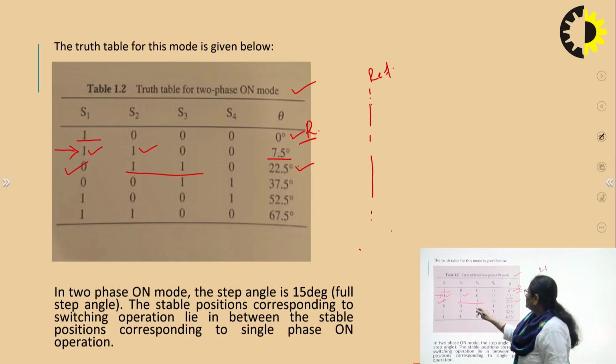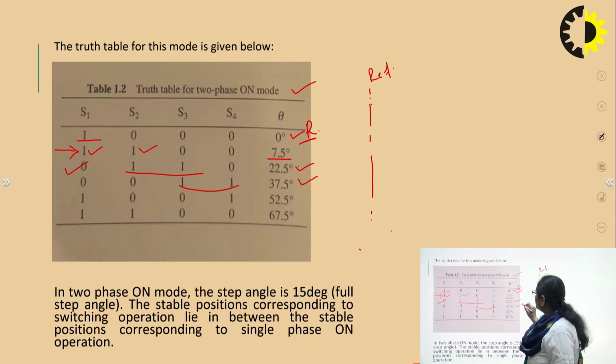The further switching sequence change will cause the rotor to assume a position at 37.5 degree, moving by an angle of 15 degree from the previous position.